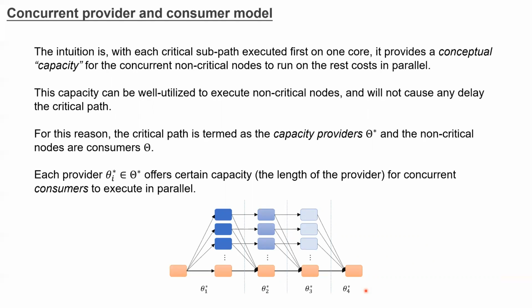For this reason, we term the critical path as the set of capacity providers and the non-critical nodes as the consumers. Each provider can offer certain capacity, which is the length of the provider, for the concurrent consumers to execute in parallel on the remote processors.